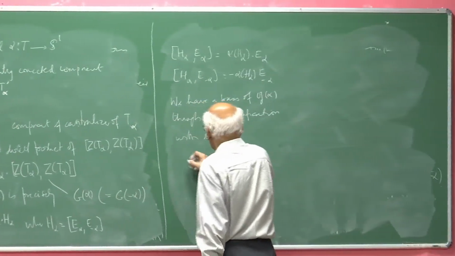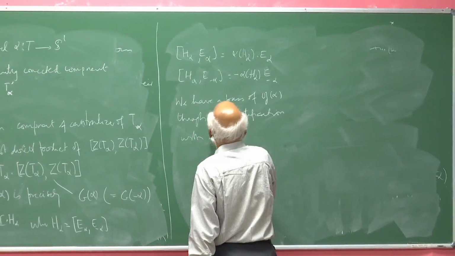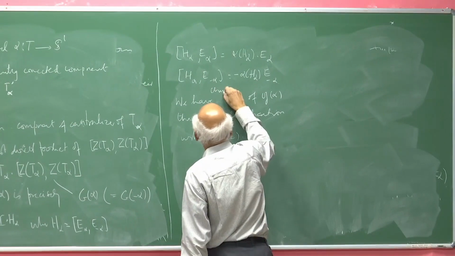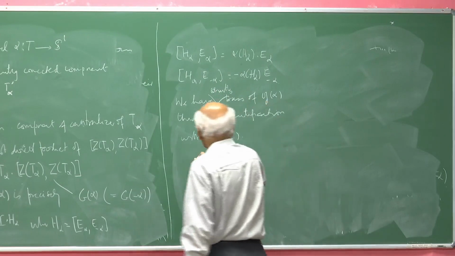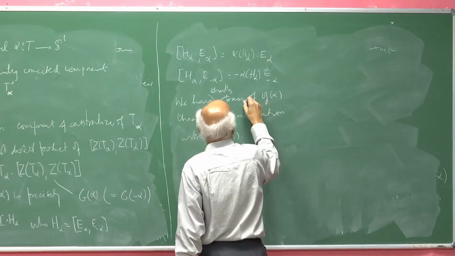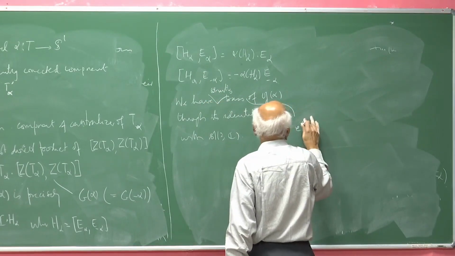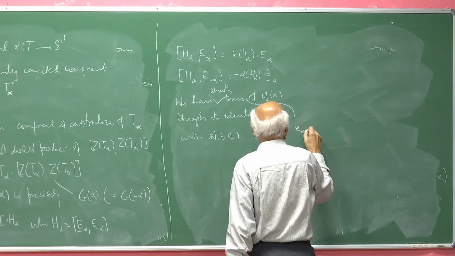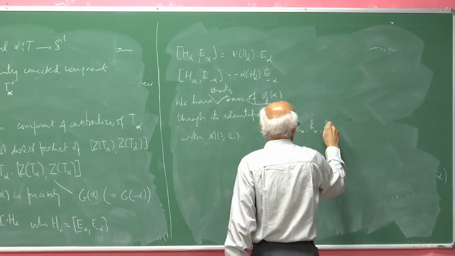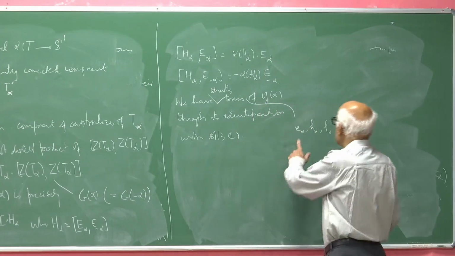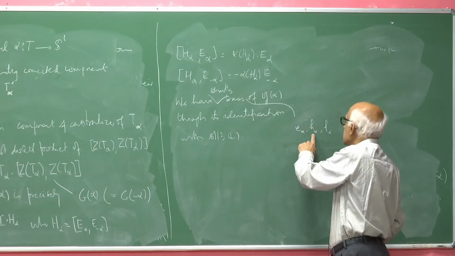So we have another basis, which I'll give a name: E alpha, H alpha, F alpha, where these things become multiples of the corresponding capital E alpha, each.